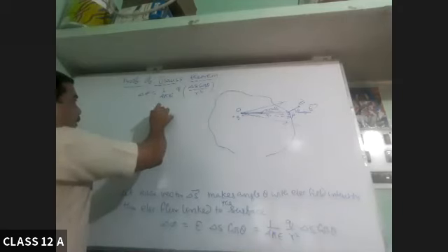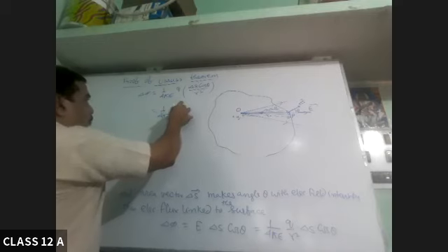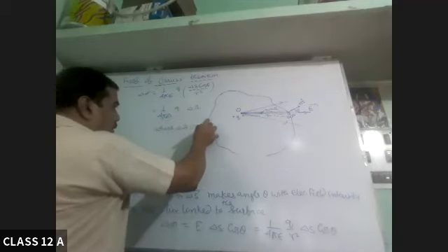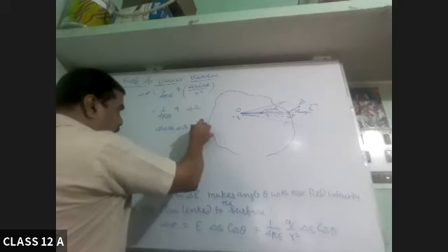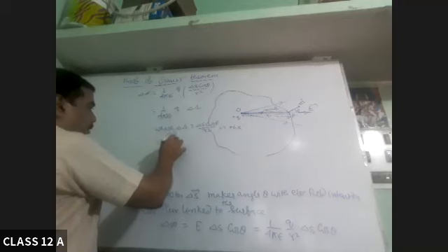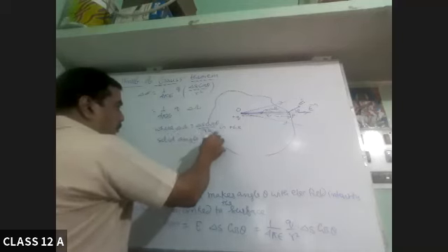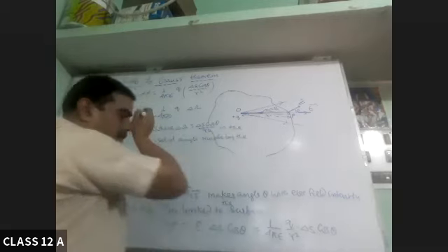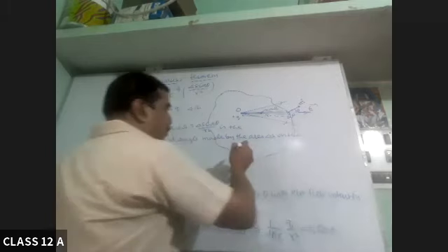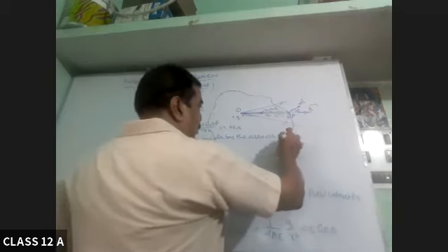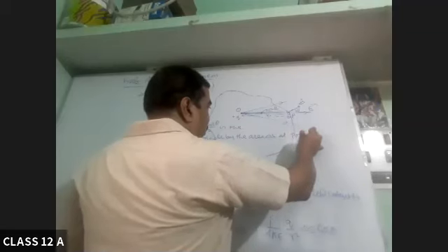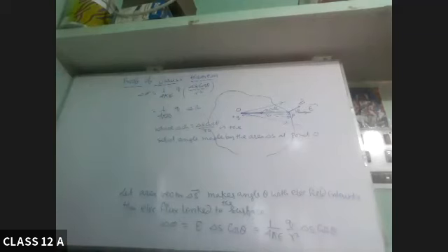So 1 by 4 pi epsilon Q delta omega, where delta omega equal to delta S cos theta over R square is the solid angle made by the surface at point O.